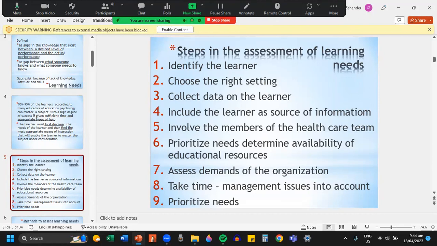Okay, so next up, third step in assessment of learning needs, we collect data on the learner.